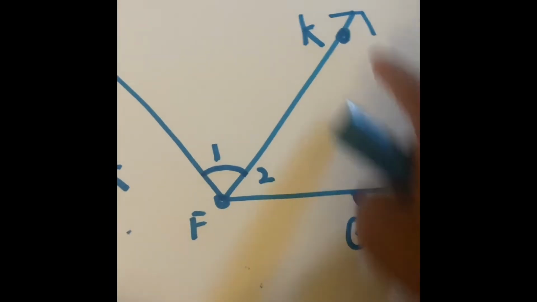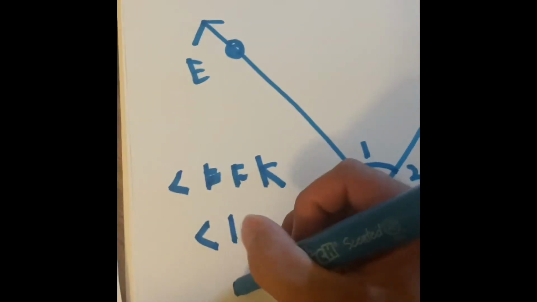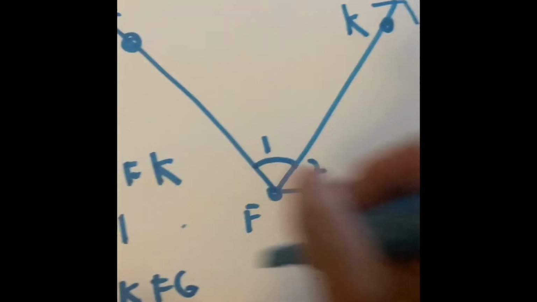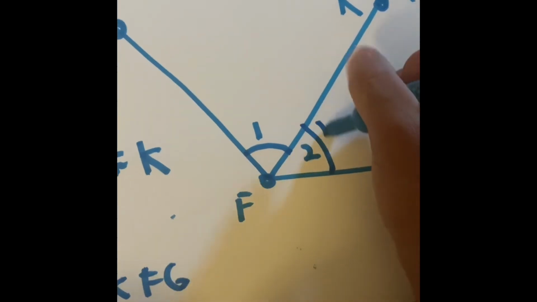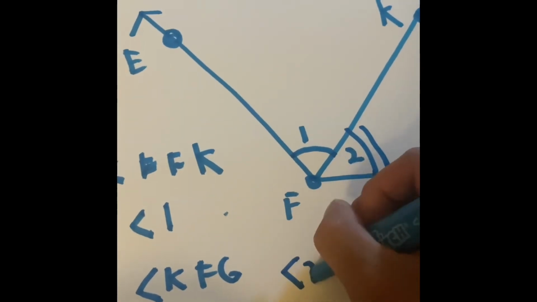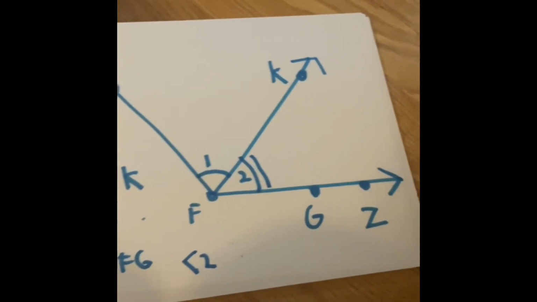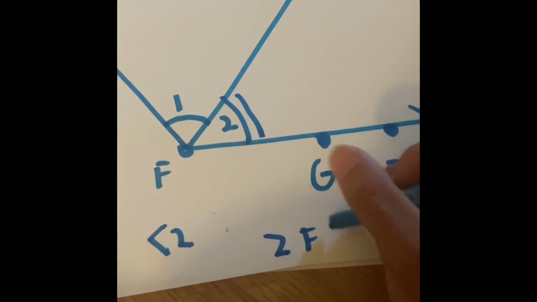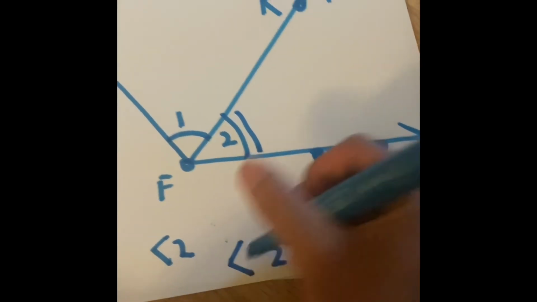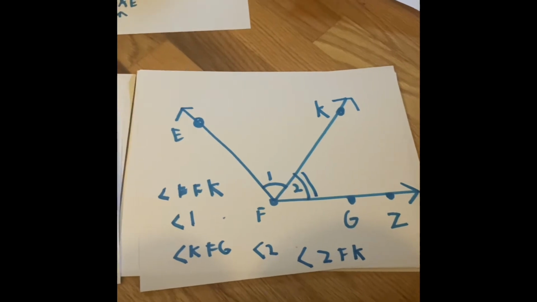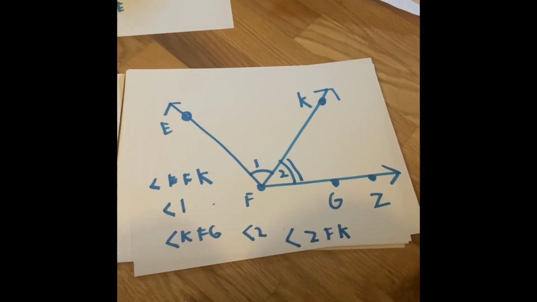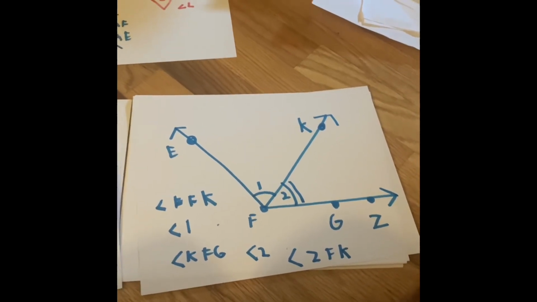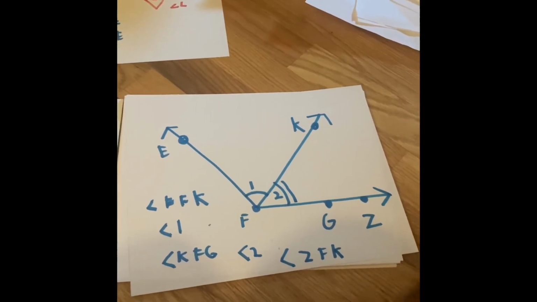We can also say angle KFG, but this time we can say angle number 2. Or sometimes we can be even more creative. We can say angle ZFK. So with this one, try to comment as many names for this angle as you can. Let's see who gets the most in the comments, and I'll put a like to that comment.